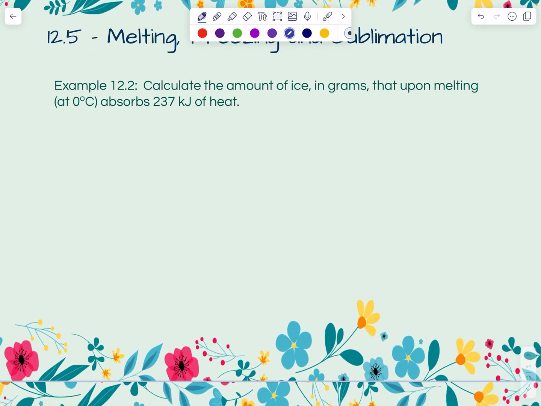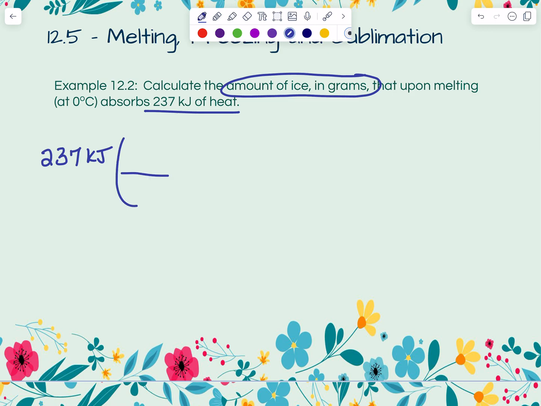And the next question is asking about the amount of ice in grams that when it melts will absorb 237 kilojoules. So that's the number I start with, 237 kilojoules of energy or heat. The delta H of fusion of water is 6.03 kilojoules of energy for every 1 mole of water.